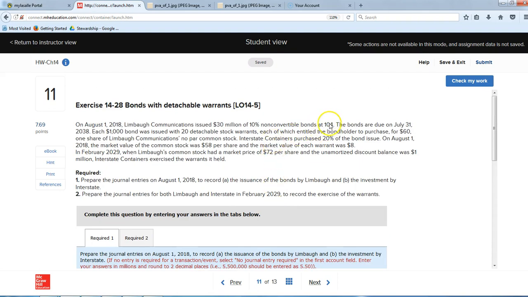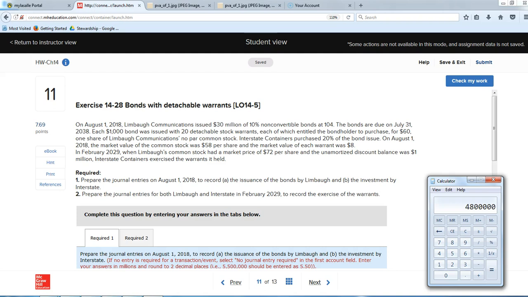Cash is based on the price, so 104 means 104% of the face value is the price, and it's the cash received by issuance. So we have $31.2 million.